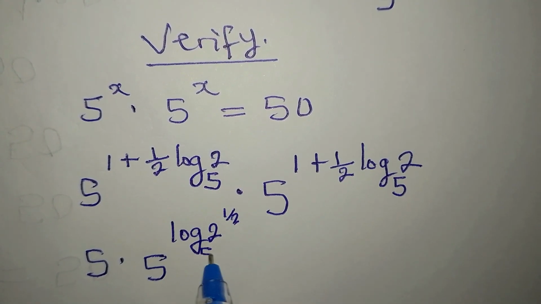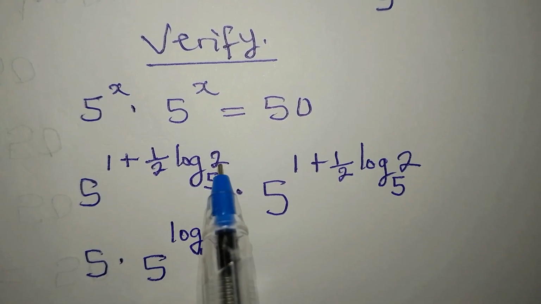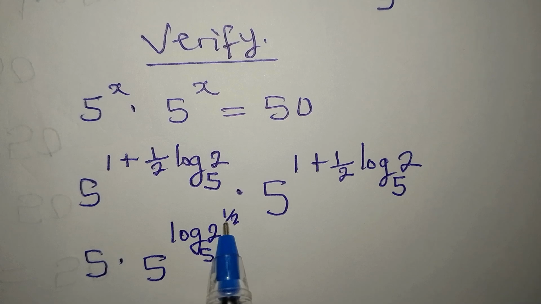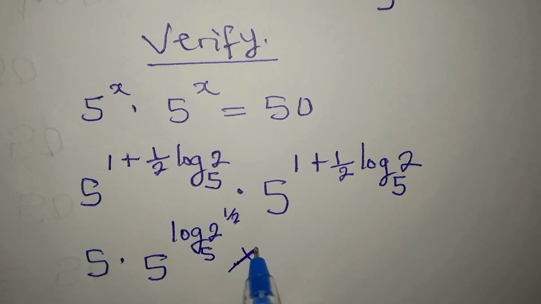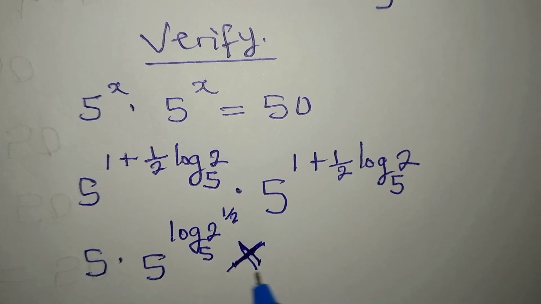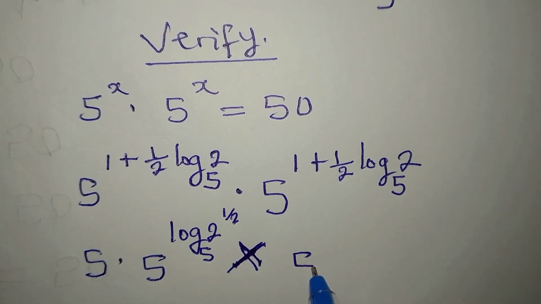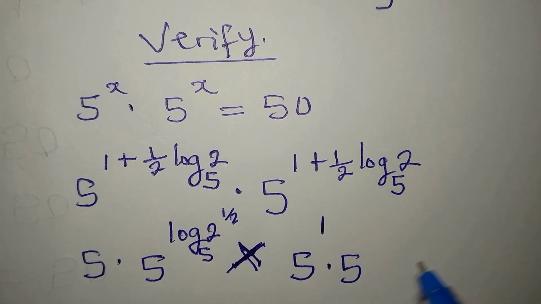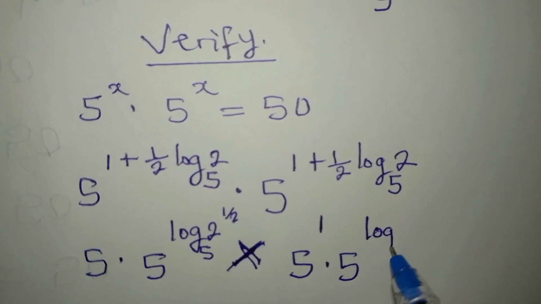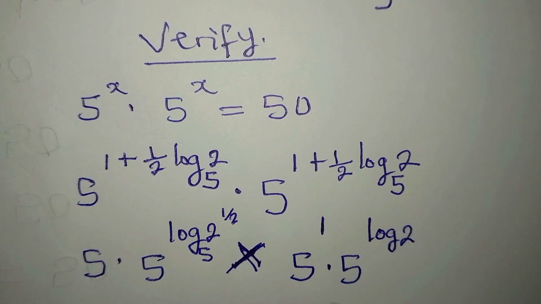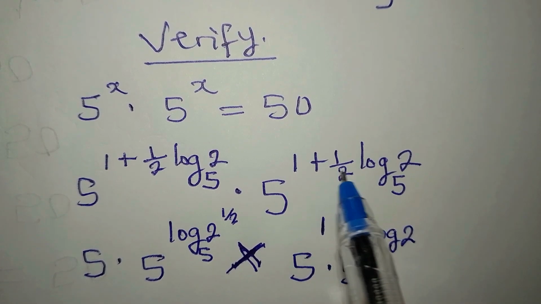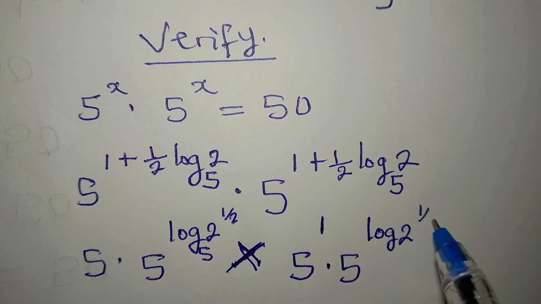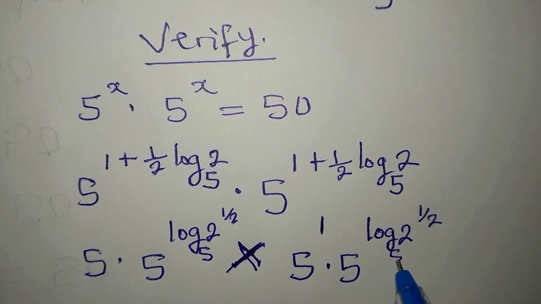This is still to base 5. So 2 is having a power of 1 over 2. Then the whole of this multiplies 5 again to the power of 1 times 5 to the power of log 2 to the power of 1 over 2, to base 5.